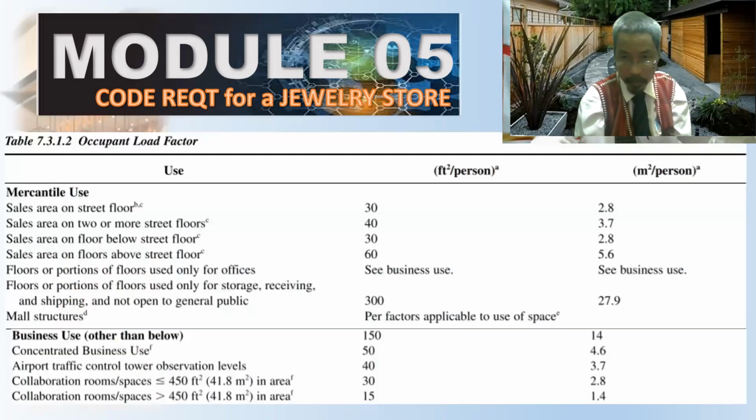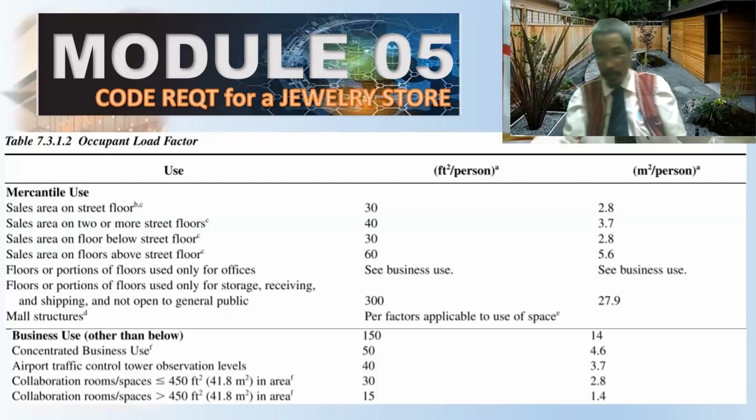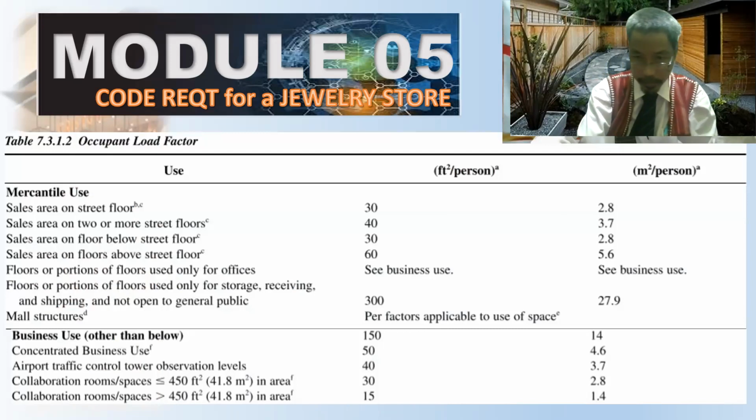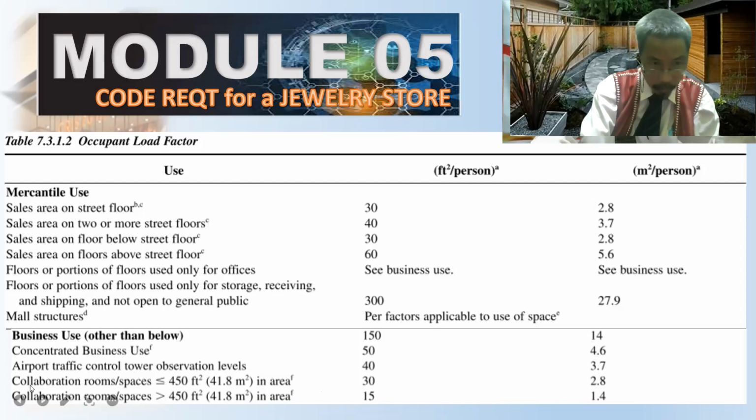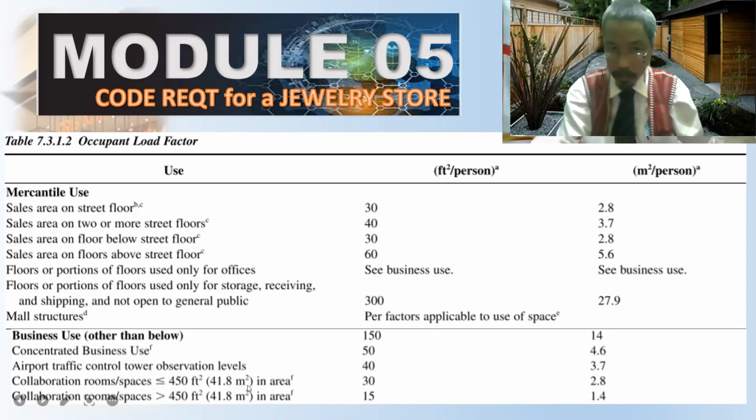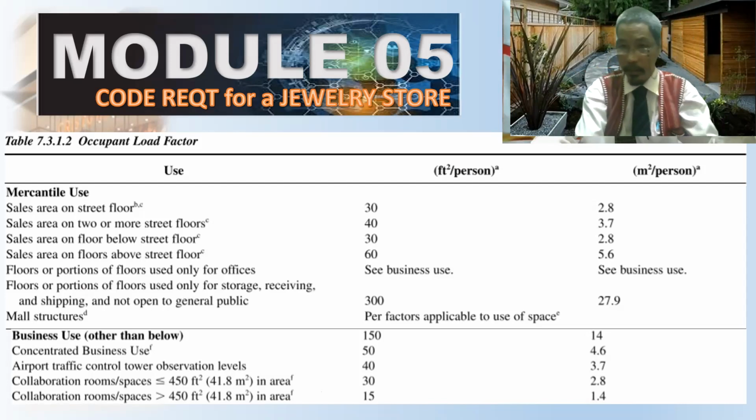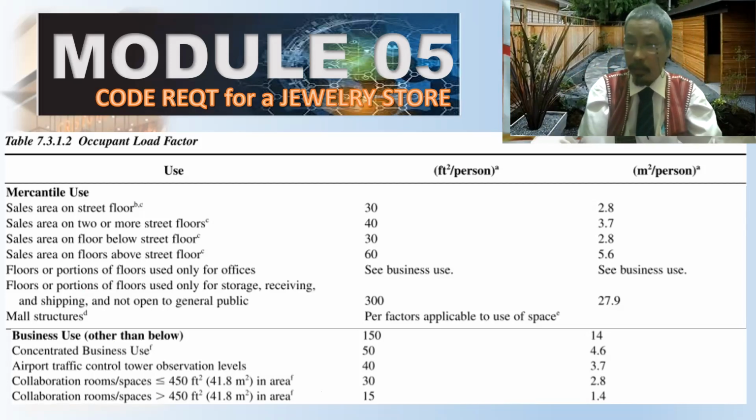So 2.8 is our business here. We did not choose this one. We use this one, which is what? Collaboration rooms, spaces, which is less than 41.8 square meters. Okay. Because we calculated how many? We calculated 23. So that is less than 41.8. That is a collaboration room.